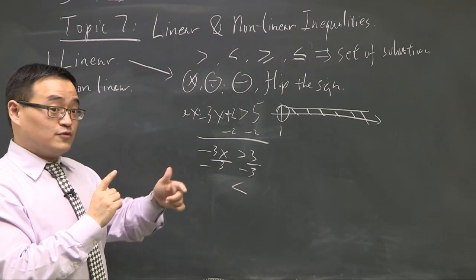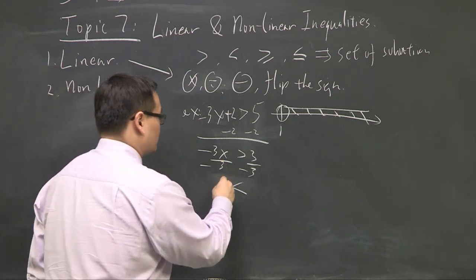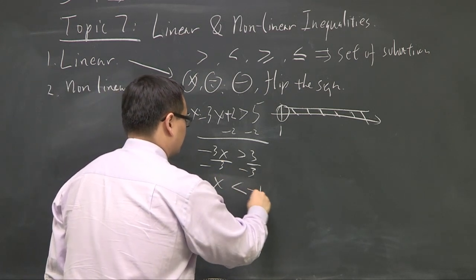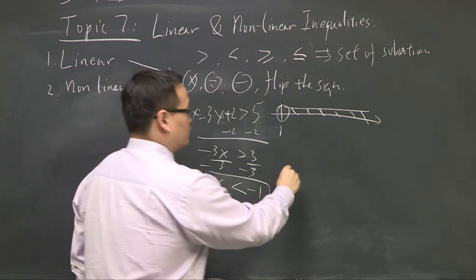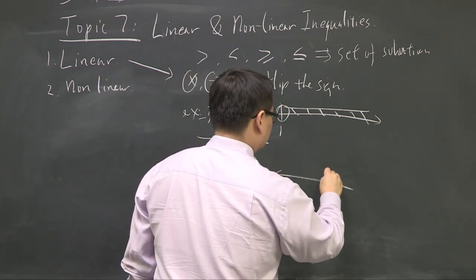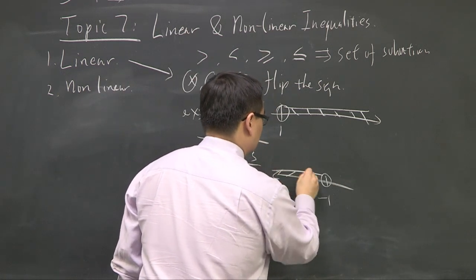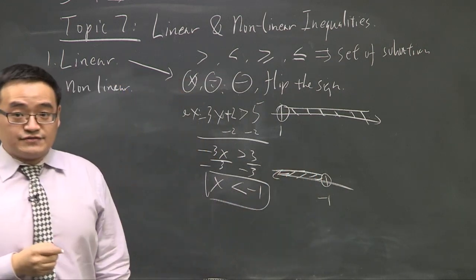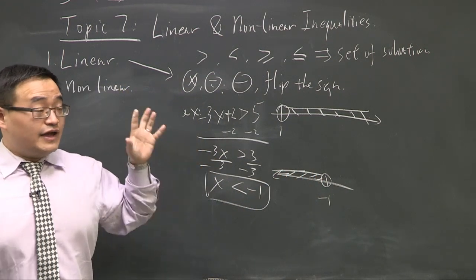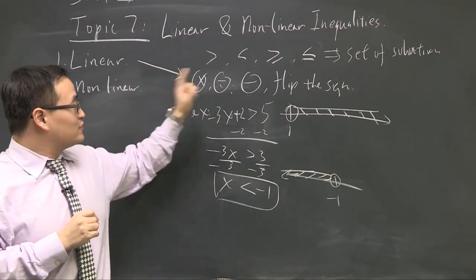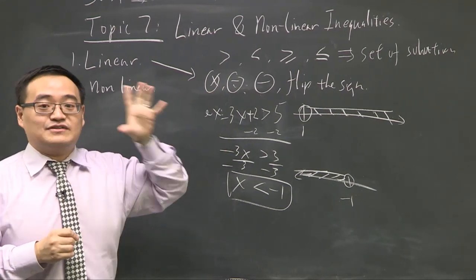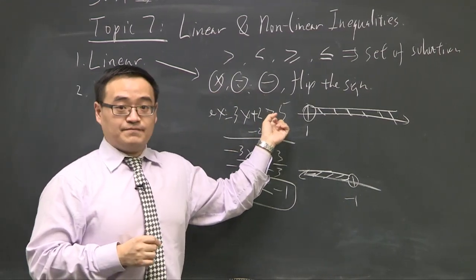So always remember you've got to flip the sign. In this case, it will be x is less than negative 1. So if I draw that, negative 1, that's my solution set. Everything's the same except when you're multiplying or dividing by negative numbers, please remember to flip the sign.